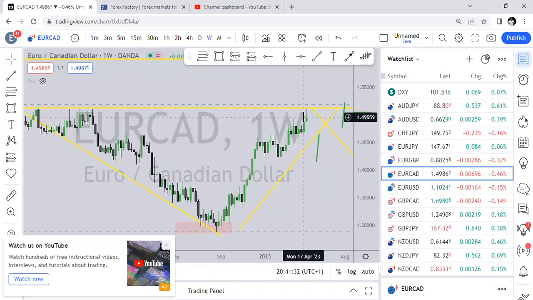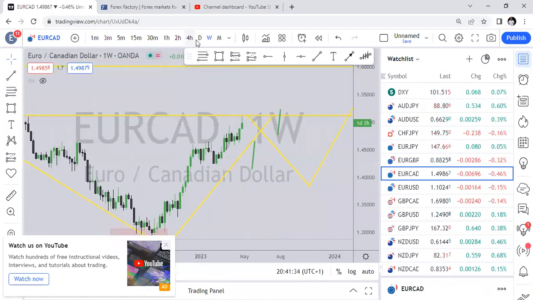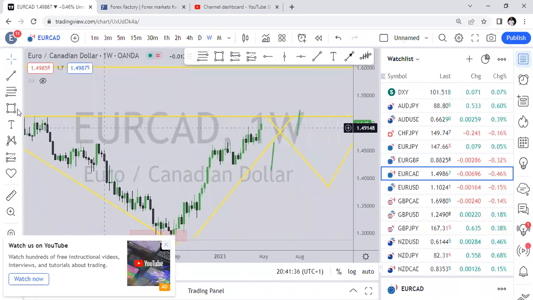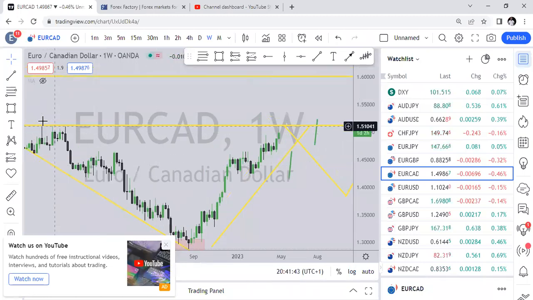Okay, and they may end up trapped, because there is liquidity there, and the market cannot just sell off and leave those highs.